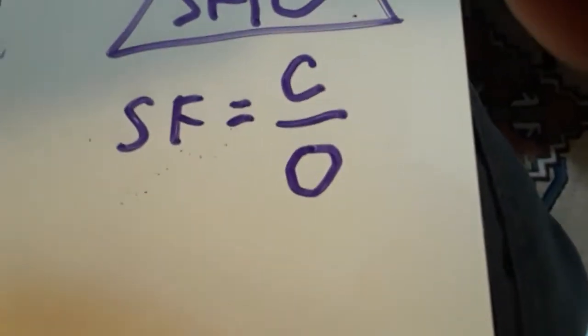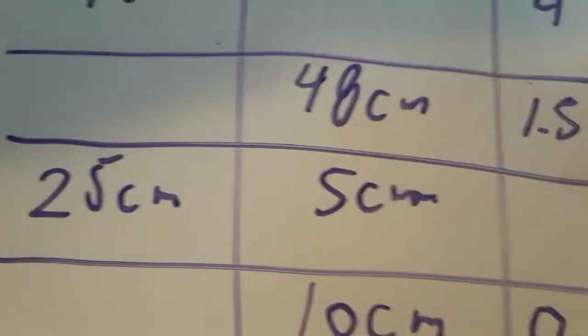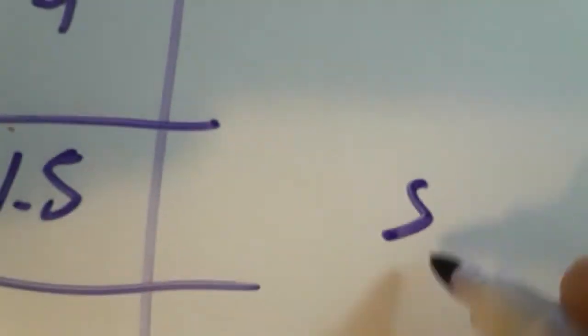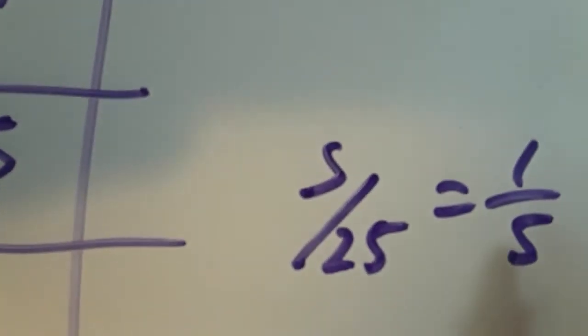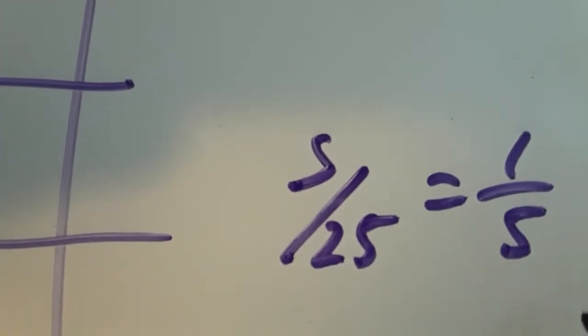Just remember, you put the copy on top, and the copy in this case is 5, and the original is 25. We do a little bit of math over here and you get 5/25, and there's your scale factor. And again, 5 is called the factor of enlargement.